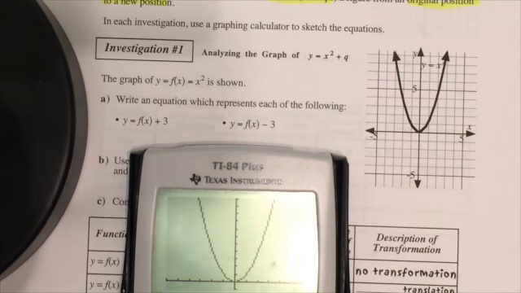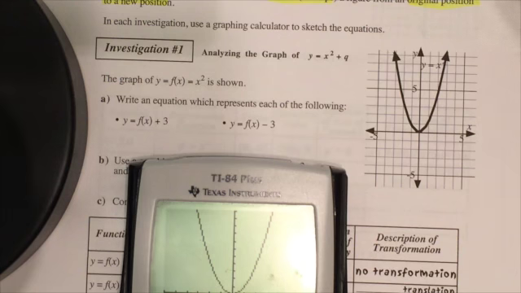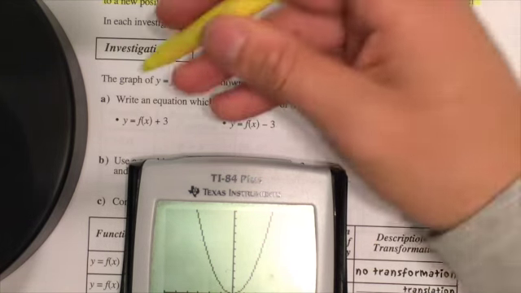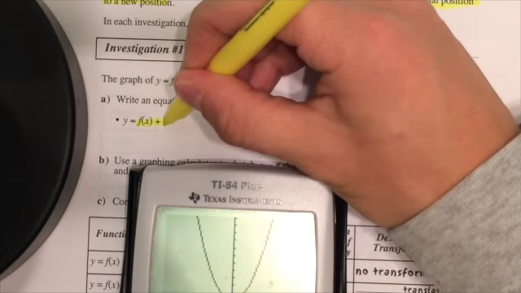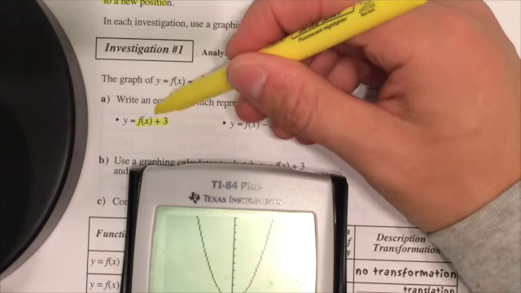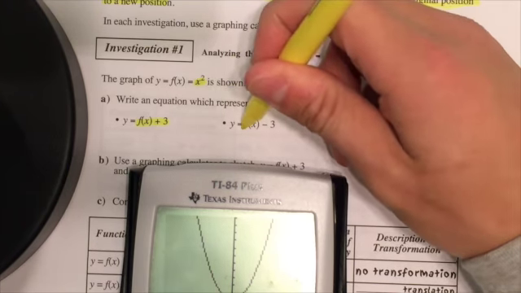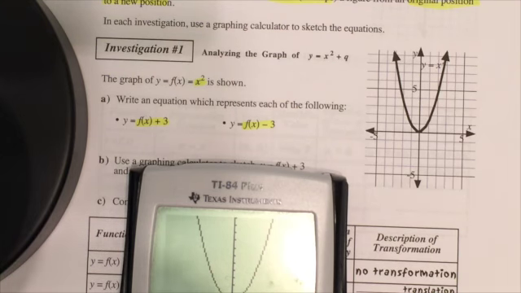We also know that the minimum value of the function is going to be 0. But what's going to happen if we write an equation which represents each of these following? f of x plus 3. So remember, f of x was x squared. So if we plug in x squared for f of x, we add 3 to that. And if we plug in f of x and subtract 3, what do you think is going to happen?